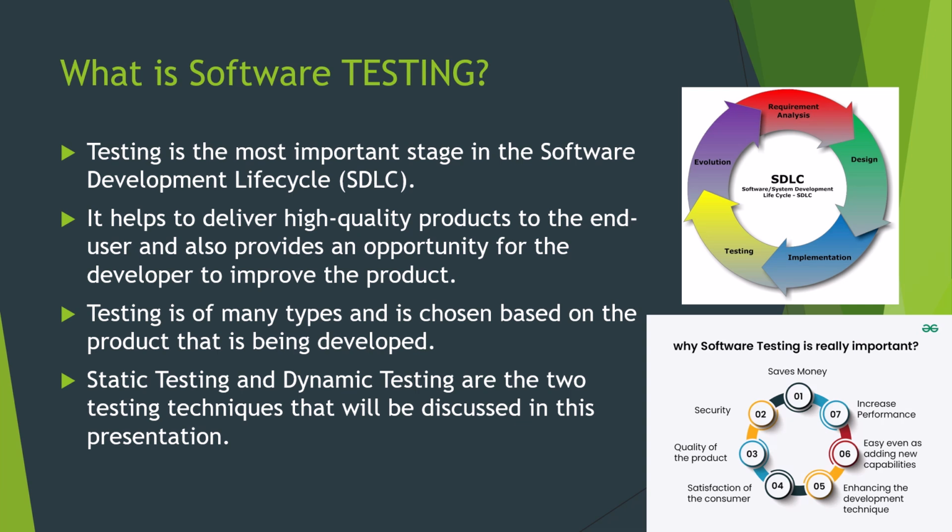Okay, software testing is generally divided into two main categories, static testing and dynamic testing. So static testing is also called verification and dynamic testing is also known as validation.